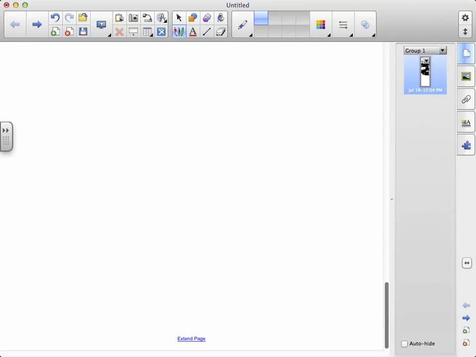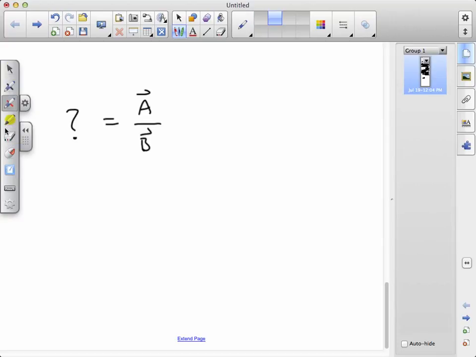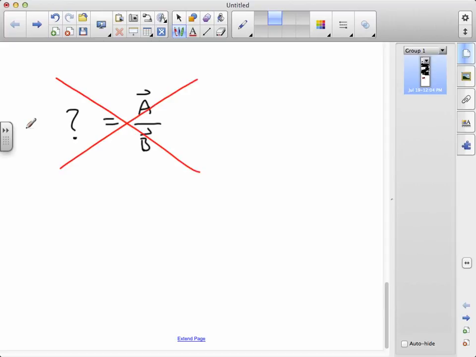But is there anything meaningful that comes from dividing a vector by another vector? Although such a thing might be defined, we have no physically meaningful quantity that results from this operation. So from our perspective, there is no such thing as dividing a vector by another vector.